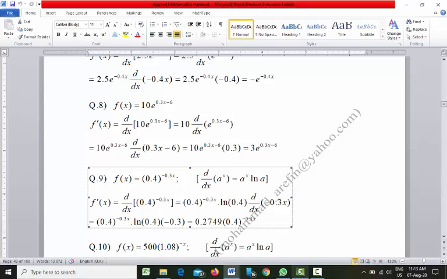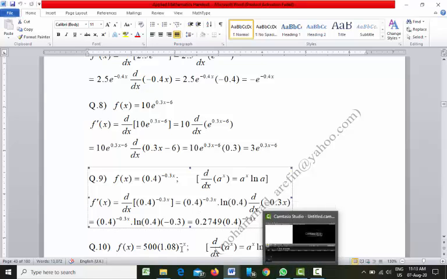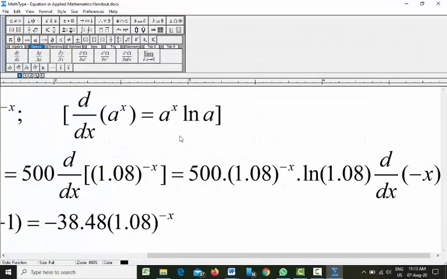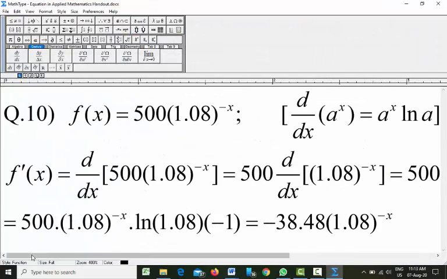Now let us solve this one. Here we want to do differentiation of this one. Here 500 is the coefficient, and we want to do differentiation of this one.